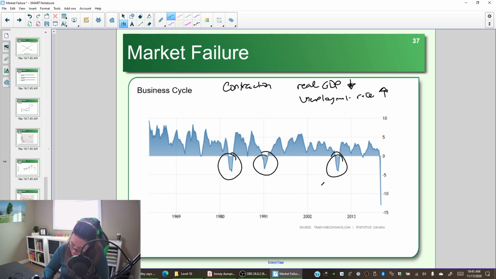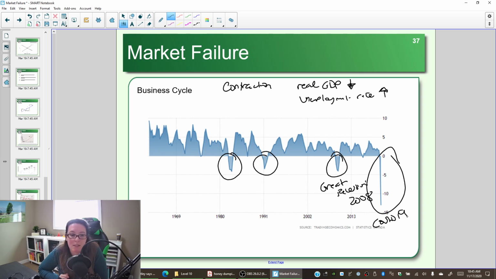This is the Great Recession, 2008. This is COVID, causing businesses to be shut down, issues with supply chain, customers not willing to go out and go shopping and travel, causing, again, the amount we produce to be less, the number of layoffs to go up. And so we can see the impact on our economy.